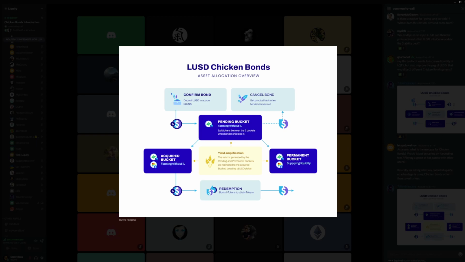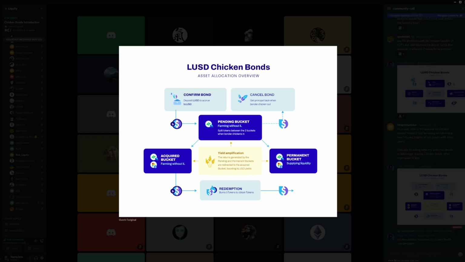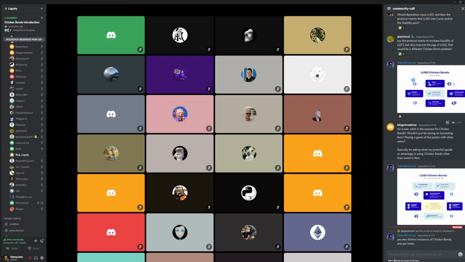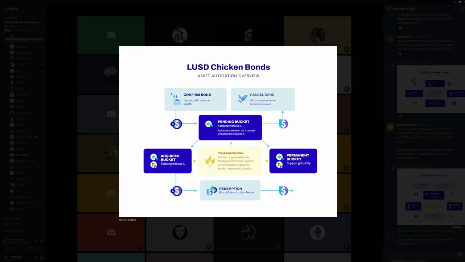Now, with the LUSD version, the goal is to acquire liquidity, but actually to use the liquidity in a certain way. And what we want to do is use the acquired LUSD to help tighten the LUSD price peg. So we have two yield sources in the LUSD version, and the second one is the Curve 3 pool.